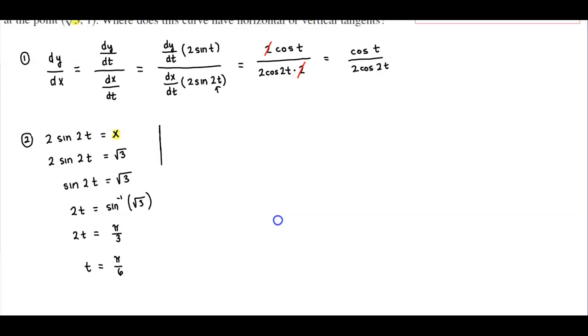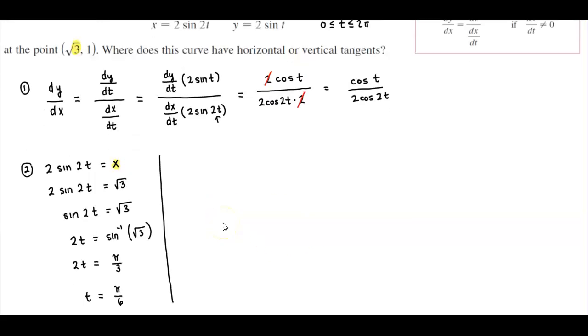Okay? Likewise, what we want to do is the following. Now that we were able to find that t is equal to pi over 6, we're going to use y, which is equal to 2 times the sine of t for our parametric equation. So y is going to equal 2 times the sine of pi over 6. Well, the sine of pi over 6 is 1/2.